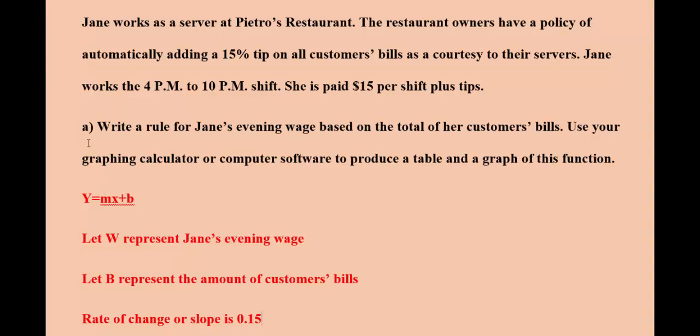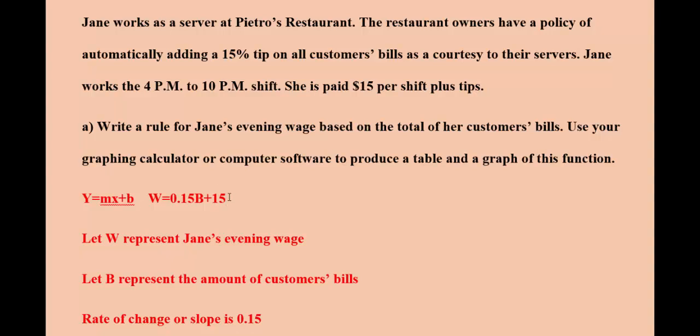Now I can update my function. So I can say that W, wage, depends on 0.15, which is 15% of how much customers pay or how much their bills are, plus a constant of $15 per shift.